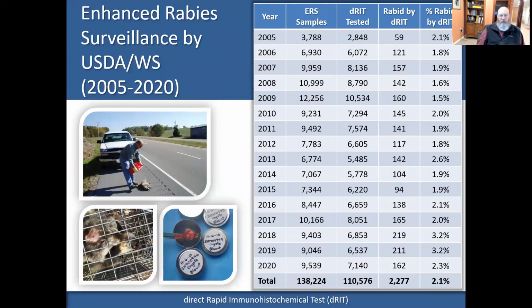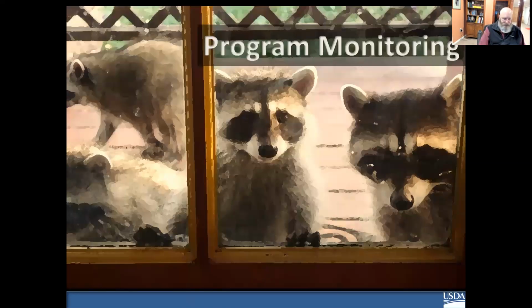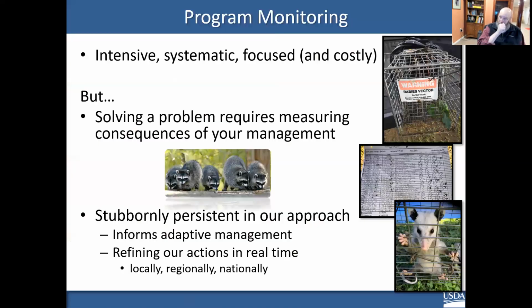And we've been doing that since 2005. And right now our wildlife biologists, I think, are doing about 7% or 8% of all rabies tests that occur in the United States. So that's helping us again put dots on the map so we can do good program management.